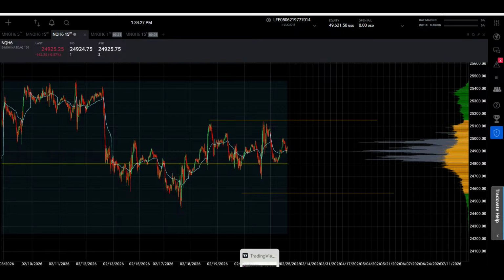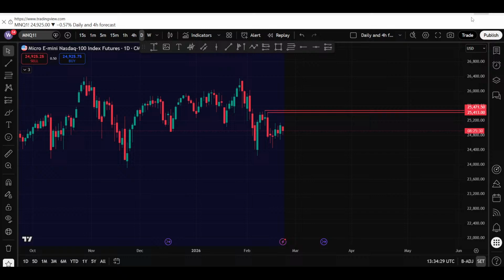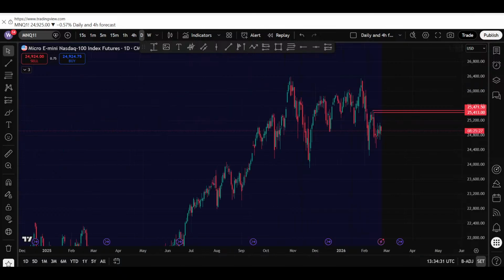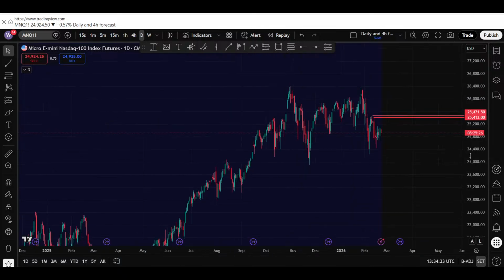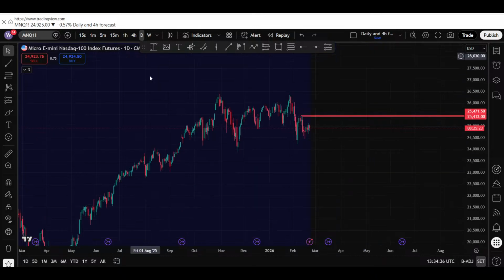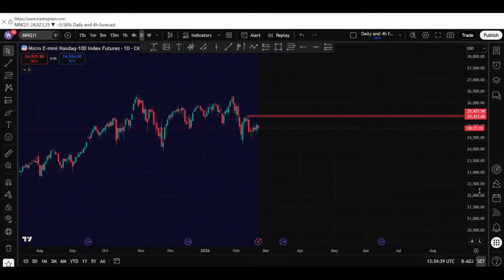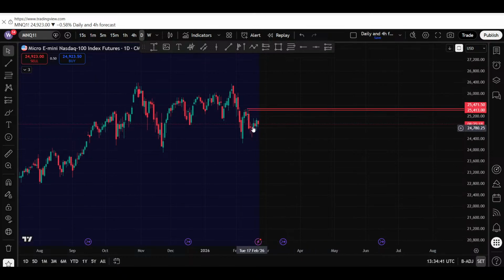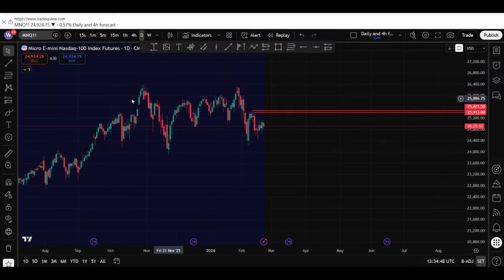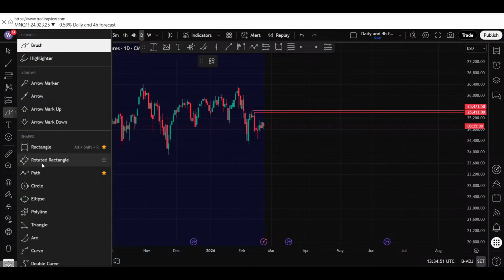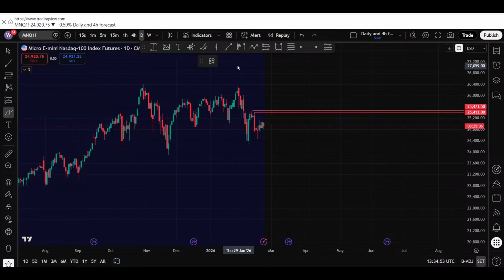If I go to TradingView here, daily, yeah, is it daily chart? Yeah, this is daily chart. You see how it's getting squeezed here.